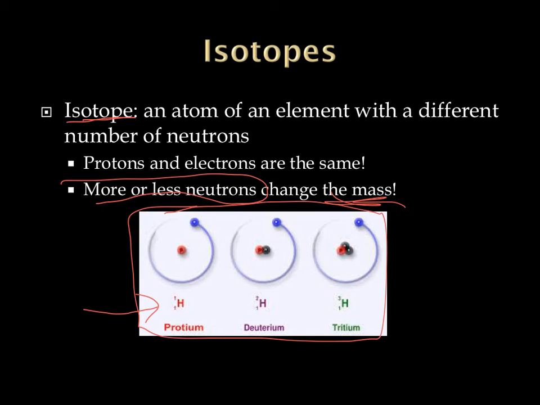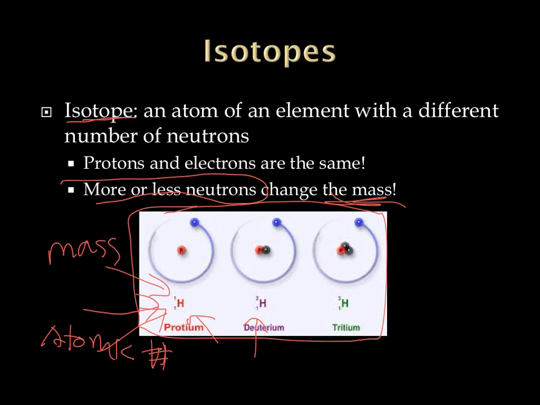H is for hydrogen, the number on top is the mass, and the number on the bottom is the atomic number. Here's hydrogen that has a mass of 2 because it has a proton and a neutron. And here's hydrogen with a mass of 3 because it has a proton and 2 neutrons.